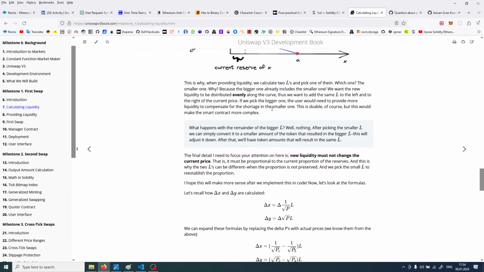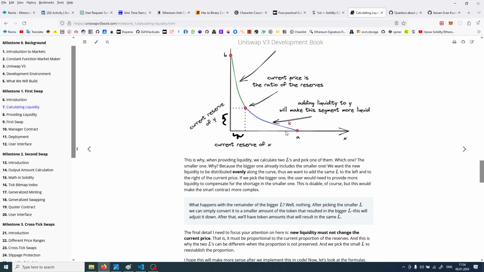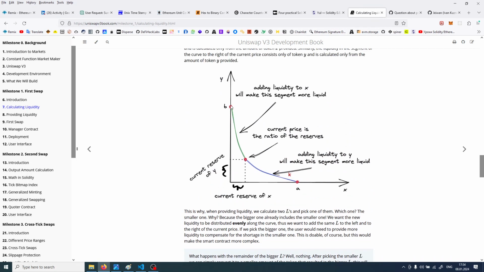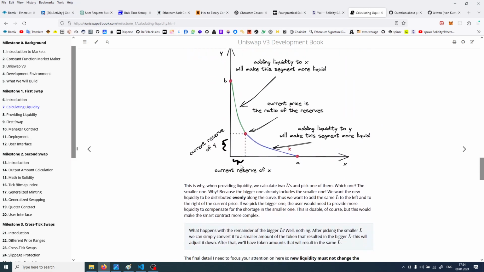Here we say that the price range can be defined by the user, and you must understand that a position can contain only one asset, so the other asset can be fully withdrawn, so the position can be depleted or exhausted in one asset or the other.